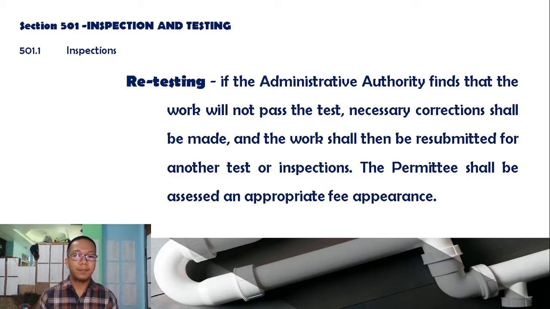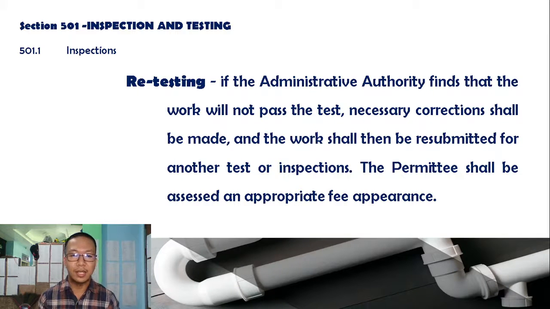Retesting. If the administrative authority finds that the work will not pass the test, the administrative authority is the one who judges whether the work done by the contractor will pass.